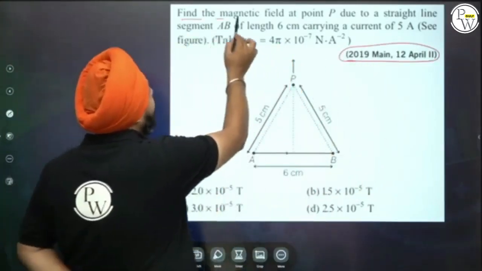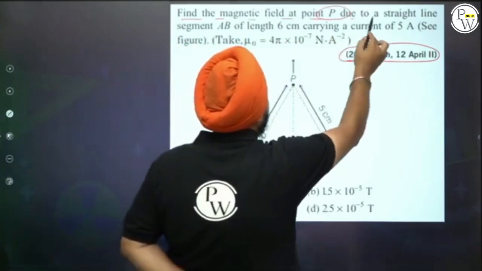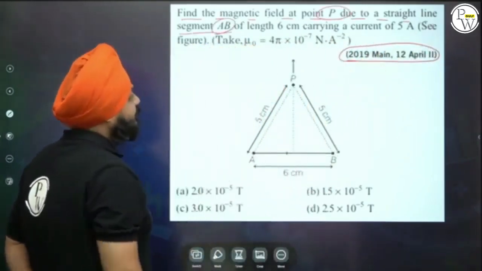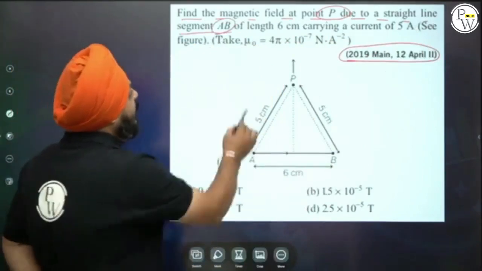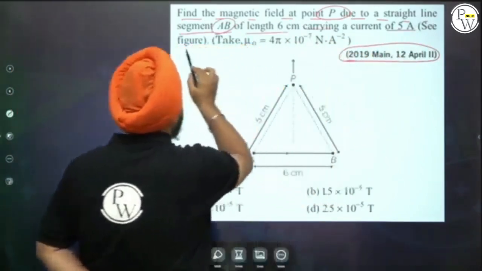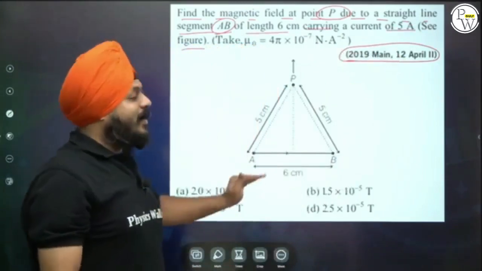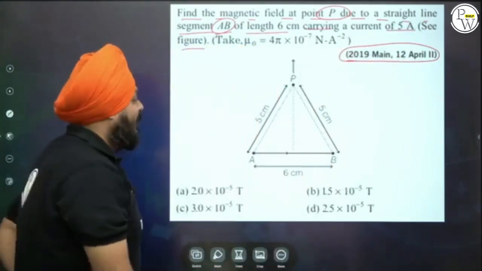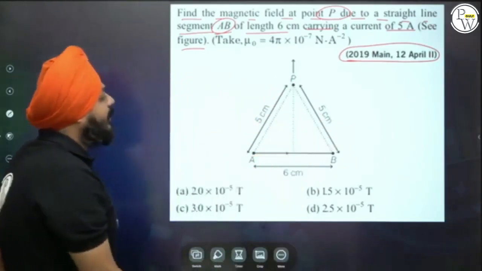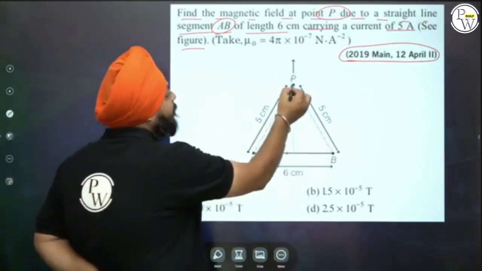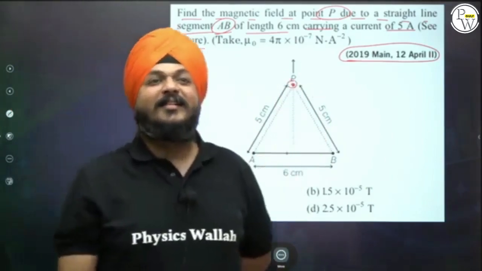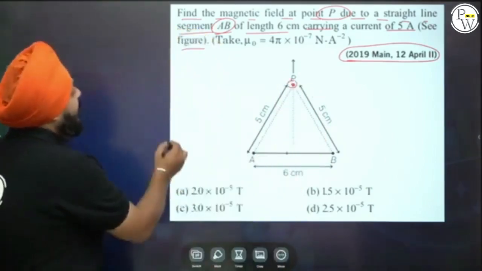Find the magnetic field at a point P due to a straight line segment AB of length 6 centimeter carrying a current of 5 ampere. The wire is there, right? This is 6 centimeter. The hypotenuse is given as 5 centimeter. We need to calculate the magnetic field at the point P. Let's note down this data.